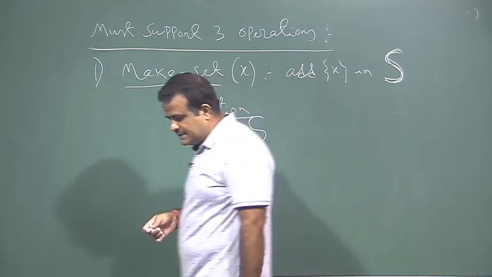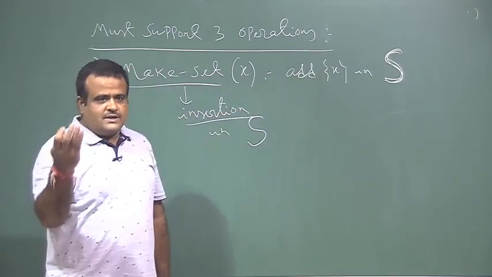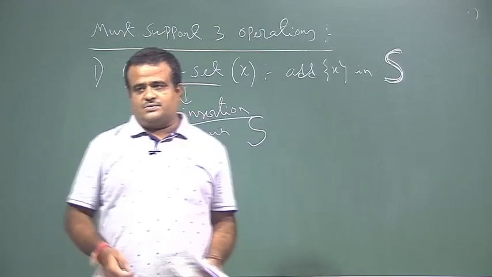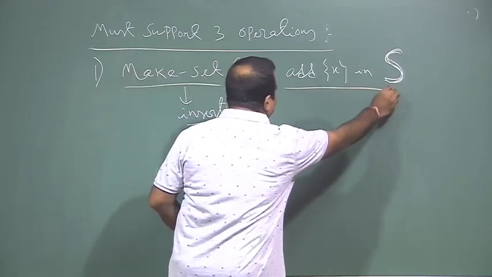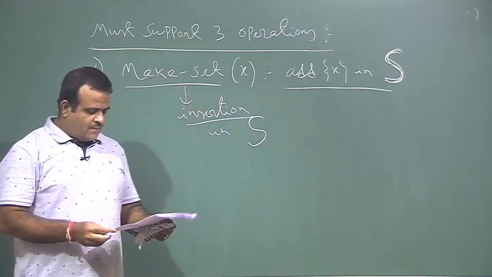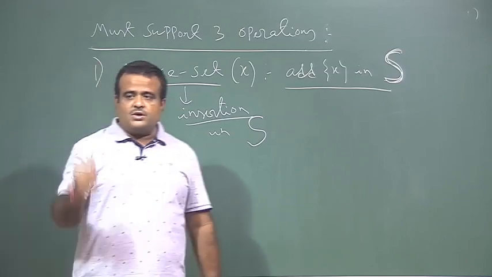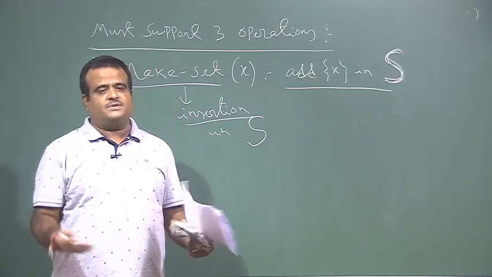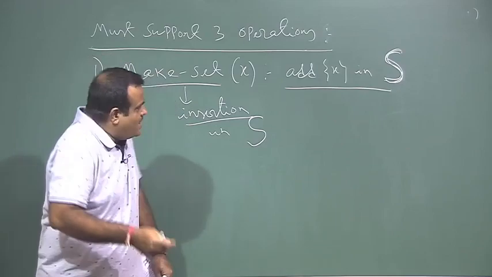Once we create a set, we have to insert it into that dynamic collection of sets. This is a singleton set, and we are going to add it to S, and then we have to choose the representative element, because each set has a representative element. Now, this set is a singleton set, so it has only one element.